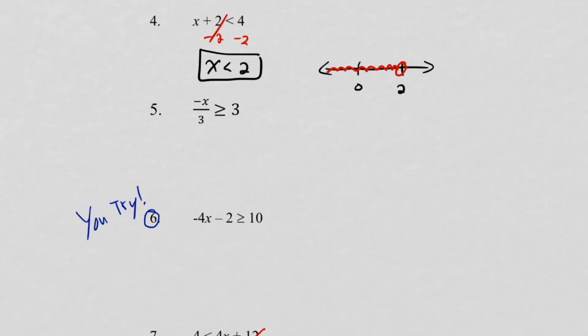So we have number 5, and it looks like a pretty simple, short inequality, but we've got to talk about a few things there. So let's see. We're going to go ahead and multiply both sides by 3 to get rid of that 3 right there. So that's going to create a 9 on the left side.